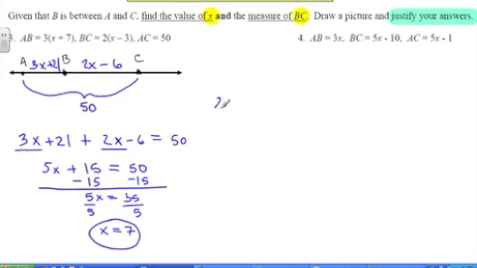So 2 times 7, notice that I'm plugging in using parentheses. 2 times 7 is 14. And 14 minus 6 is 8. So BC equals 8.